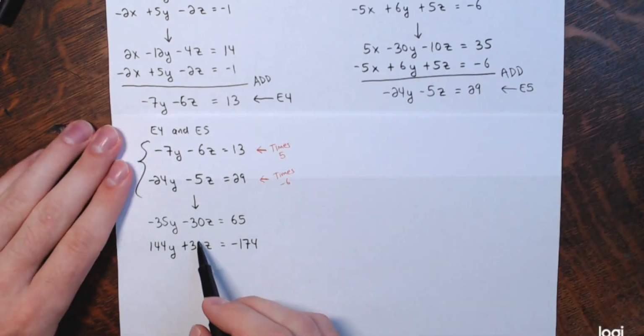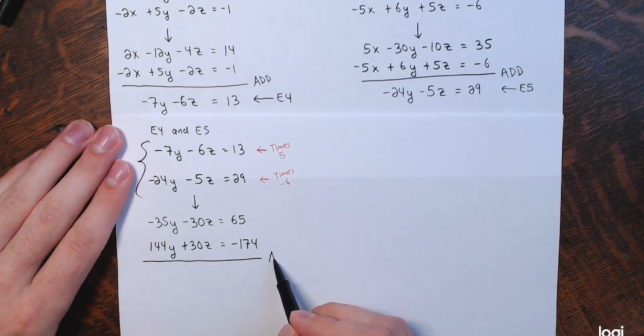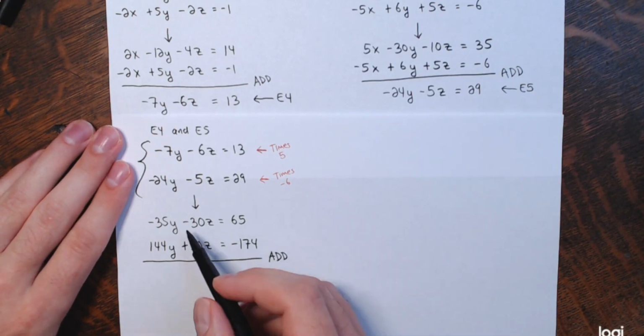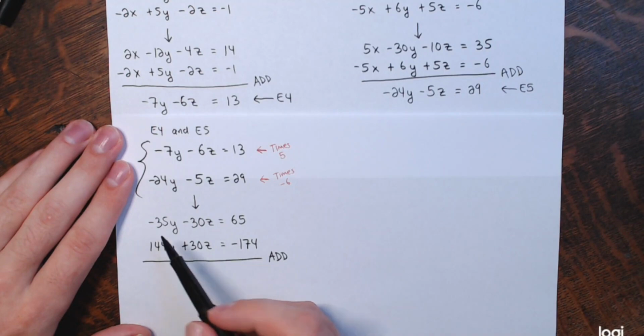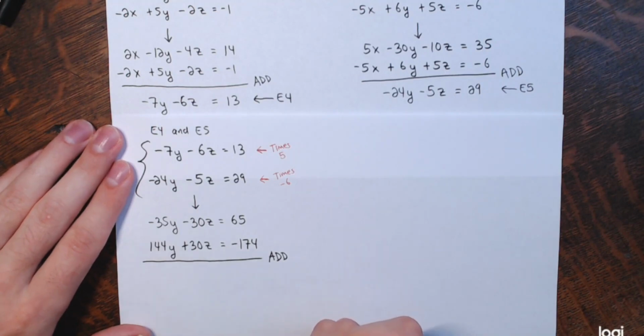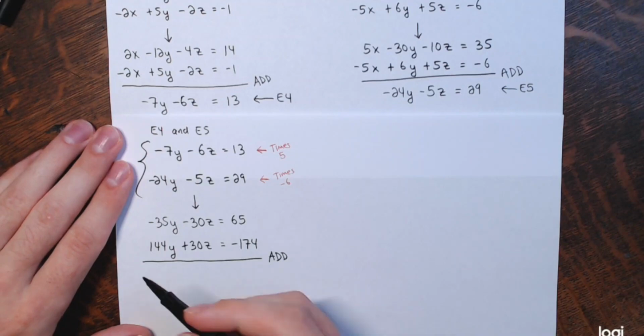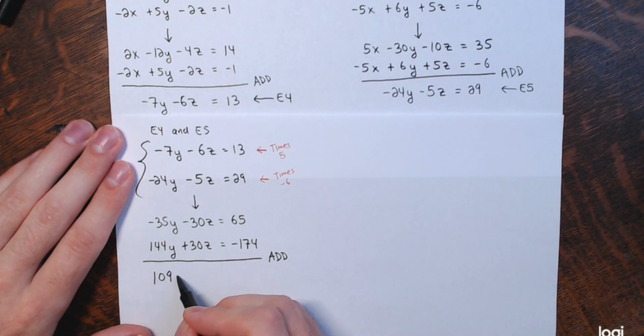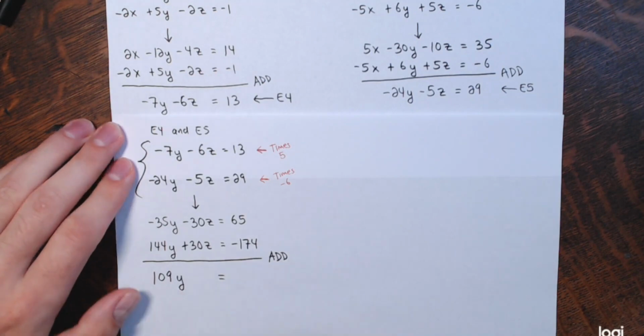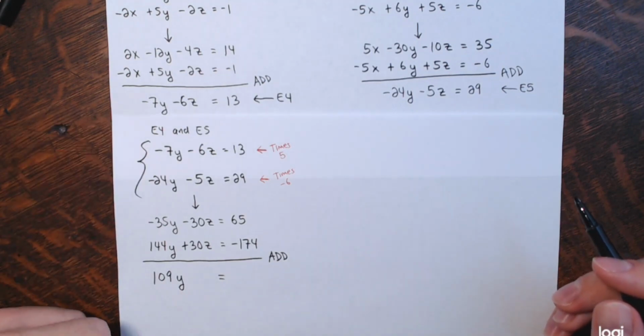Now that the coefficients of z are opposites, we add to eliminate z. And 144 plus negative 35, 144 minus 35, that'd be 109. All right, 109y equals, and then the z's are gone.